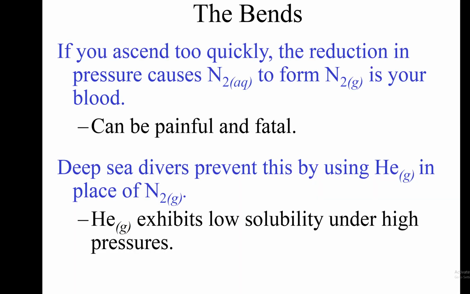If you ascend too quickly, the reduction in the pressure causes the N2 in the aqueous solution to form gas in your blood. So what ends up happening is that gas starts to go backward the other way, and once it turns into a gas, it will actually go into your bloodstream. Deep sea divers usually prevent this by using helium.